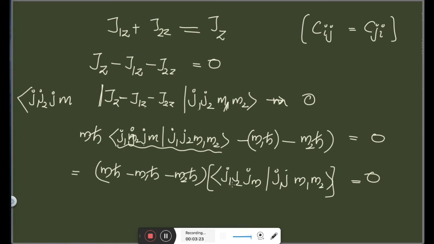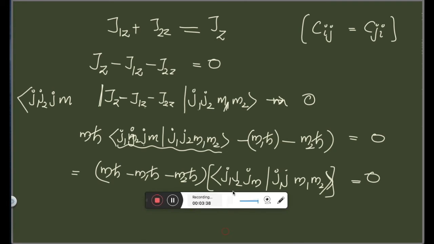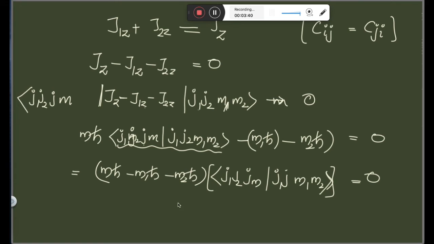So it doesn't matter whether you write the bra J1 J2 Jm with the ket J1 J2 M1 M2, or the other way around, it is going to be the same because they form elements of an orthogonal matrix. It has to be unitary because it connects basis vectors, and the coefficients are all real, so the CG coefficients are elements of an orthogonal matrix, a real unitary matrix.